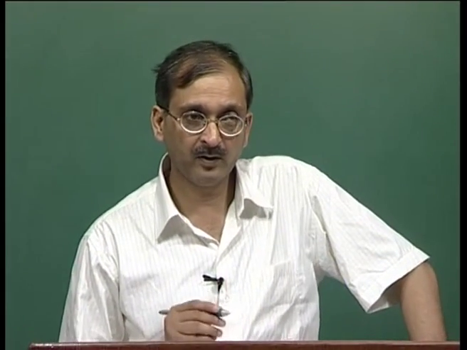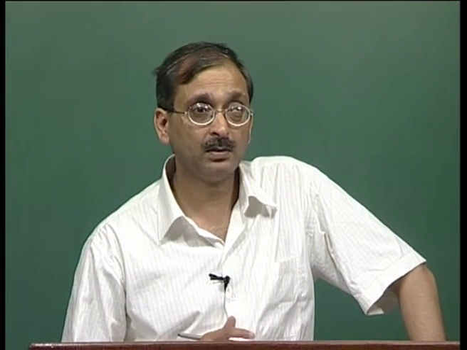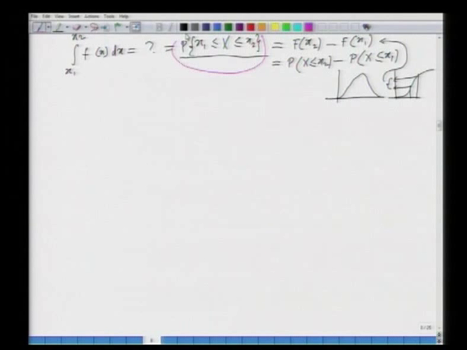So, let us look at the normal PDF. First, we will look at its equation, and then we will look at an approximation, because in computers we cannot have the tables.